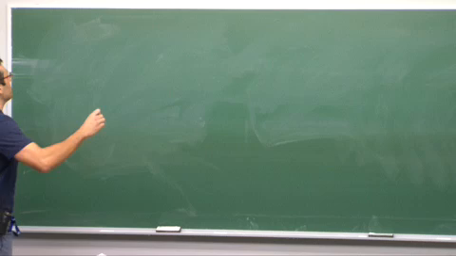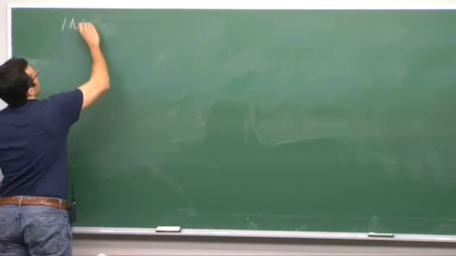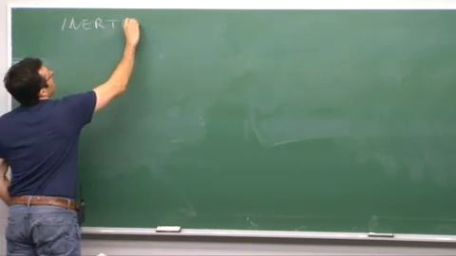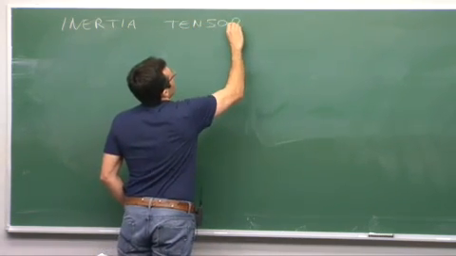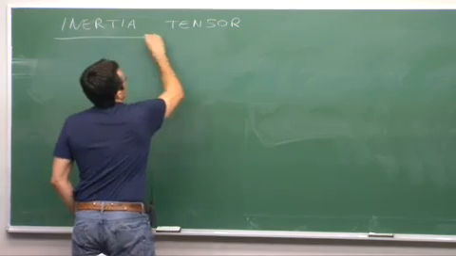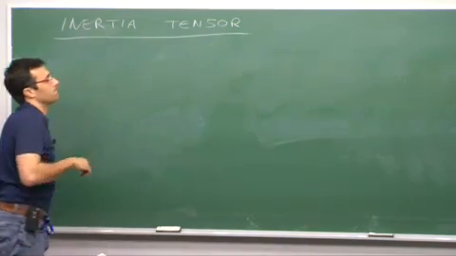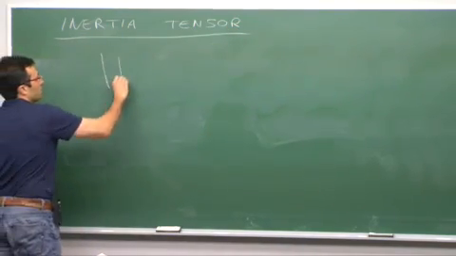Okay, inertia tensor. So we defined it. I told you that we always go to the center of mass. Why do we need the inertia tensor? We need it to compute this vector, right?